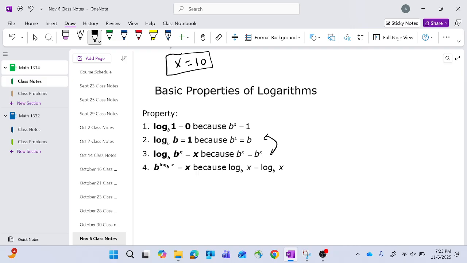And all three of these are kind of the same thing, to be honest. The first one you don't really need to have memorized because you can kind of just solve it. Well, I don't want to say that. You should know it.